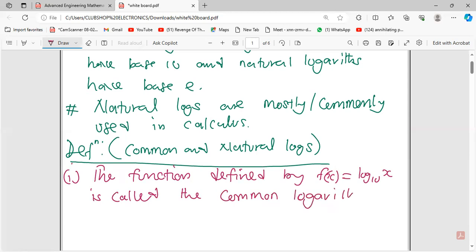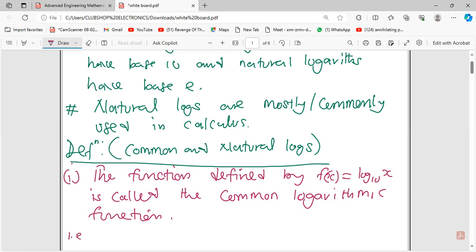That is what we mean by the common log of x.